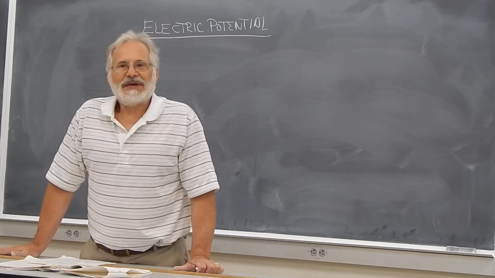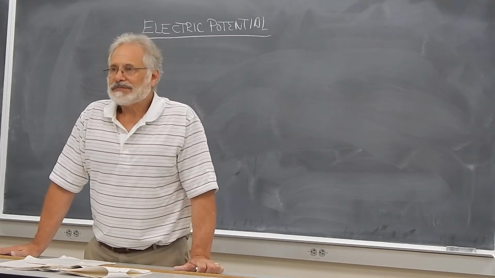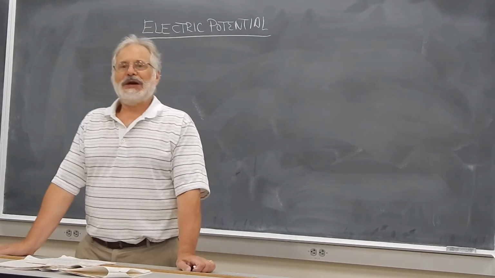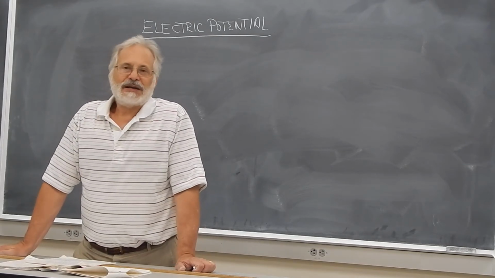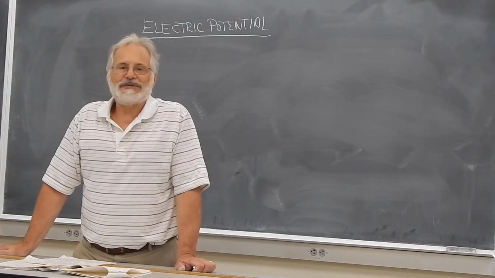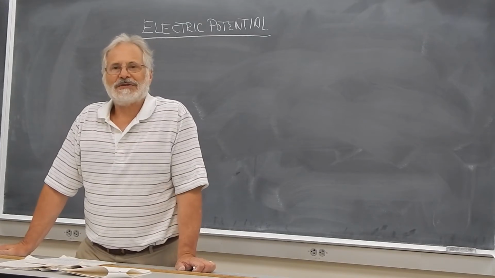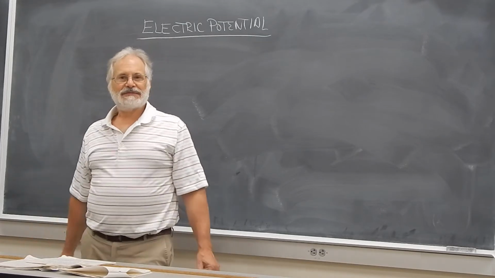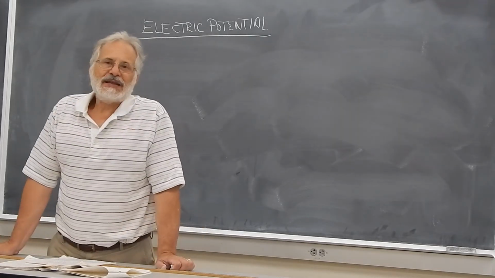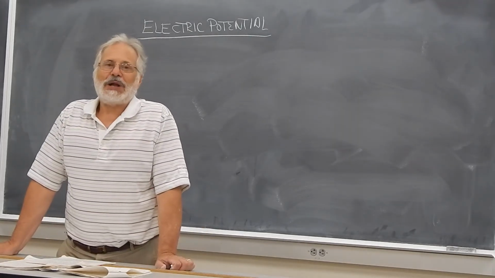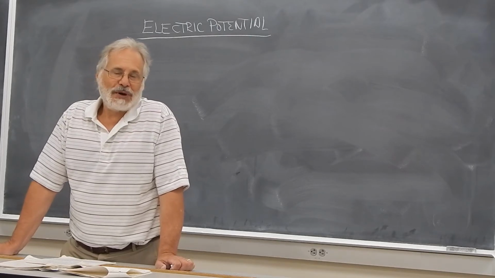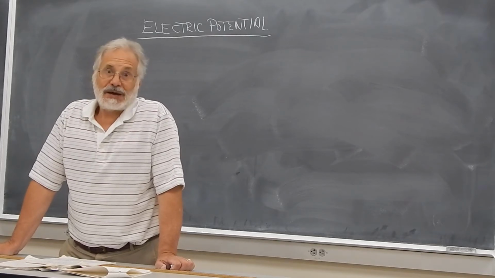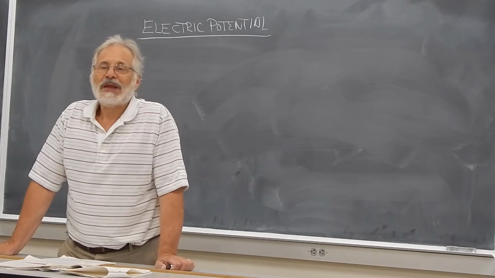You might want to think of it in terms of this. Suppose I were interested in the force on a charge due to a group of charges or a blob of charge. What I would have to do then is to find the electric field due to the blob of charges and just multiply by that point charge of interest, and that would give me the force.